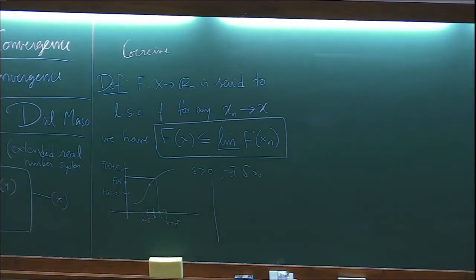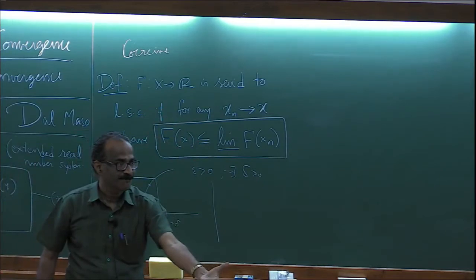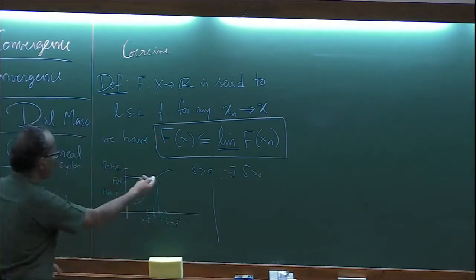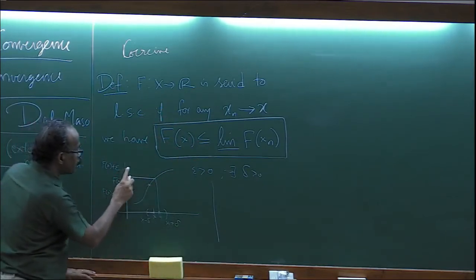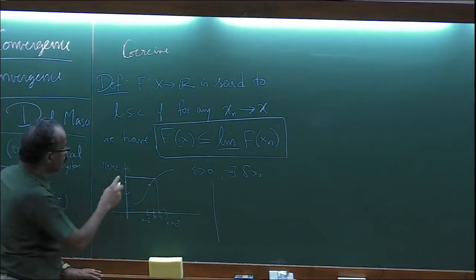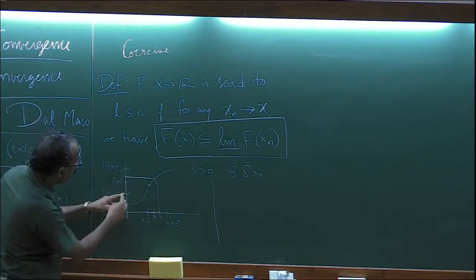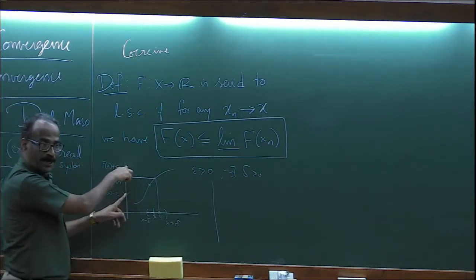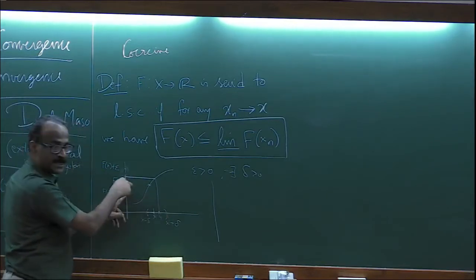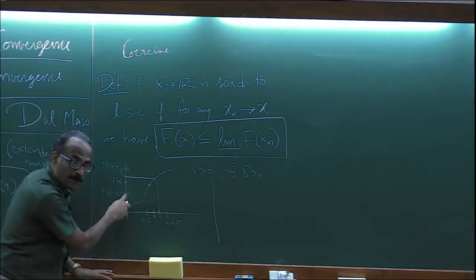Generally, more than the domain, the importance of a function is in its range. You can have the same domain and different functions. So if you want to understand the function, you want to understand the neighborhood in the range. Lower semi-continuity tells you that you are not demanding a neighborhood so that everything is inside; you are giving only the lower part of it.